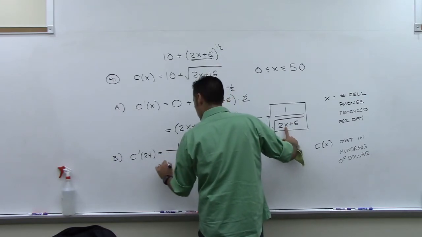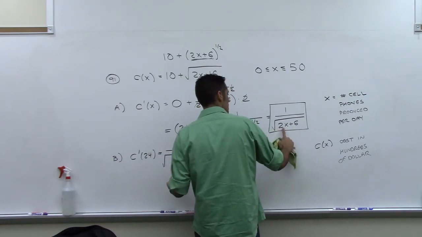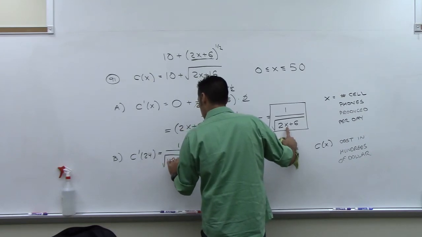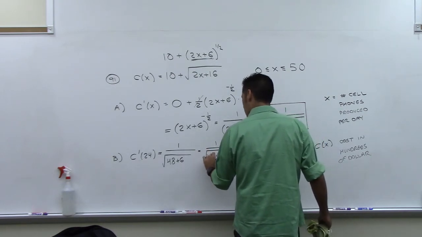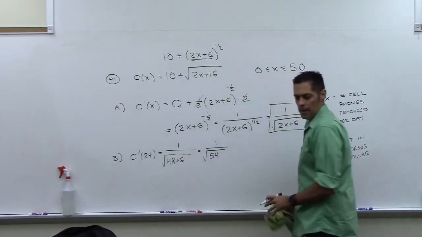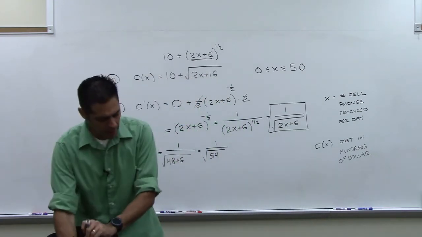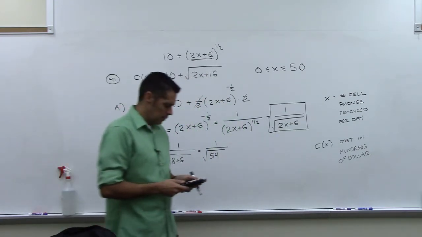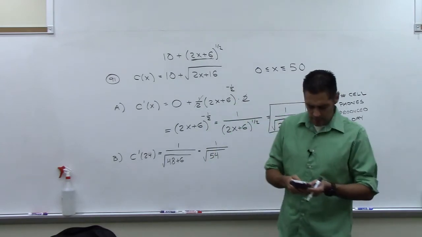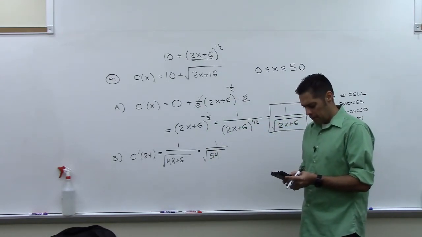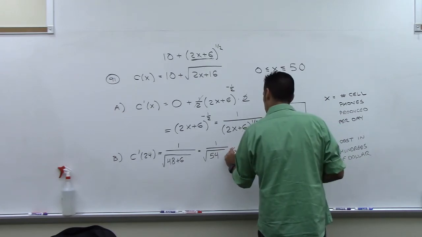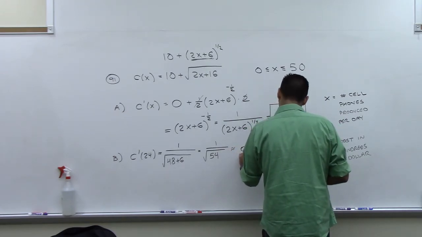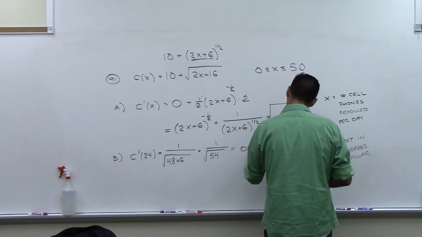So we go 1 over the square root of 2 times 24, which is 48, plus 6, which is 1 over the square root of, unfortunately, 54. I'm going to need to do that on my calculator. So 1 divided by the square root of 54 is approximately 0.136.